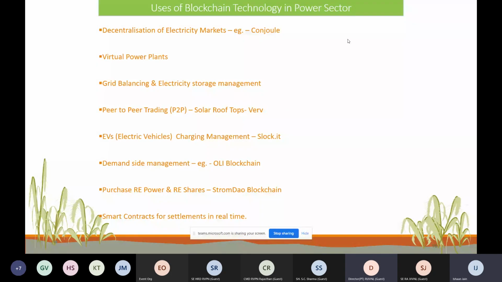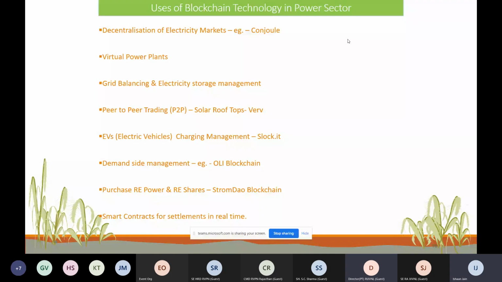For EV charging management, Slockit is the blockchain platform which is famous across the globe. For demand side management, they are using Oli blockchain. So these all are names of blockchains. These are established networks which are being done as a pilot, or they are in use cases also.